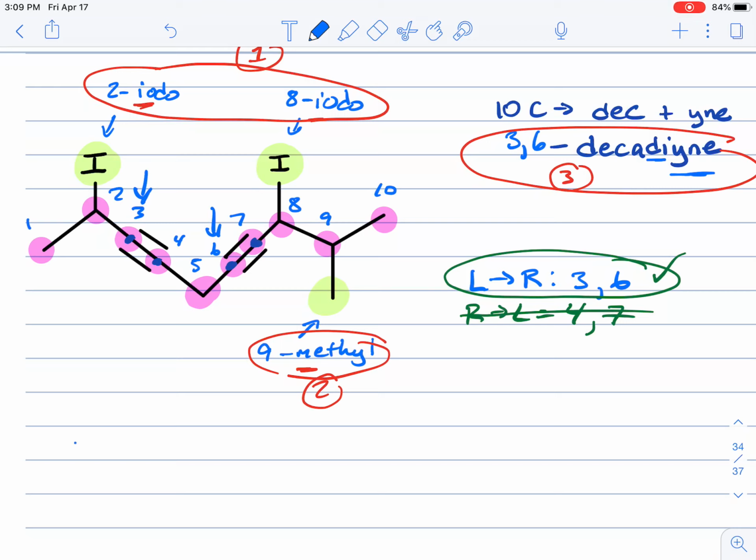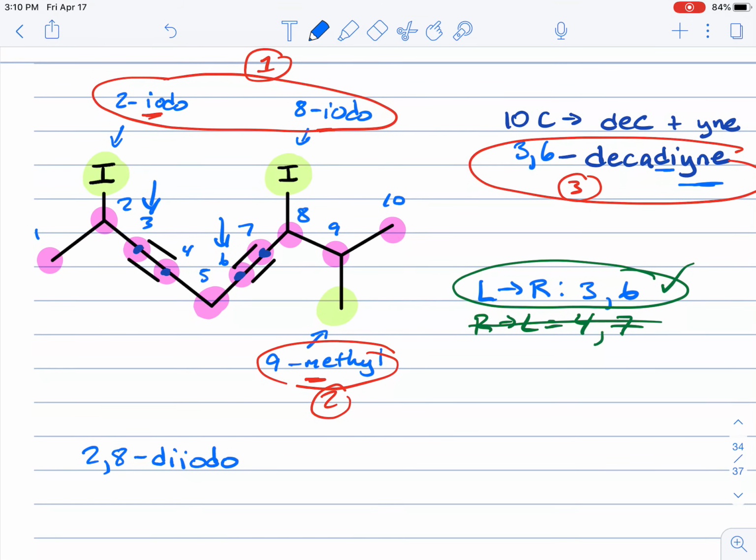So I have 2,8-diiodo, and there are 2 consecutive i's. Just think about it in terms of syllables, how you pronounce it. If you don't have the second i, you're going to pronounce it like diodo or something like that.